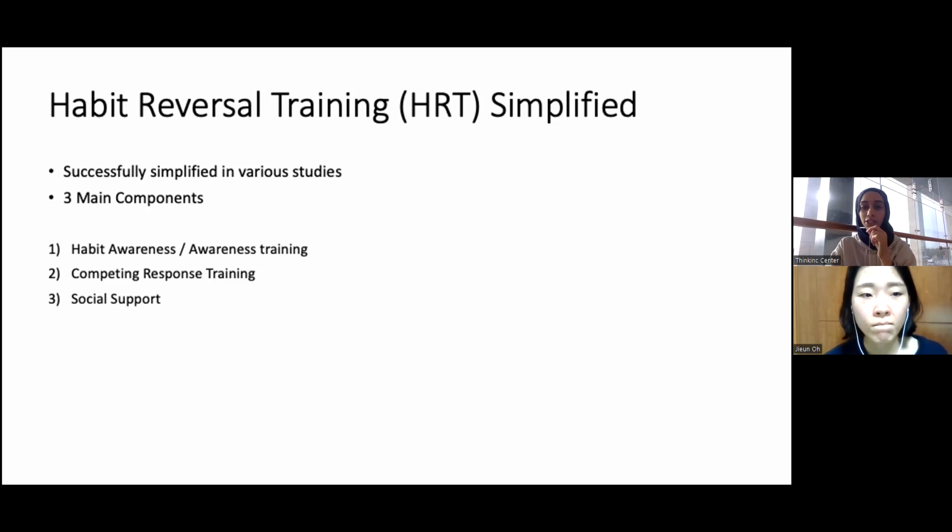And if you notice here, these 3 components are very similar to what we typically use in ABA. The first one would be like the operational definition, understanding the behavior and what is an example and non-example of the behavior. The second one is just like a DRI, differential reinforcement of incompatible behavior.